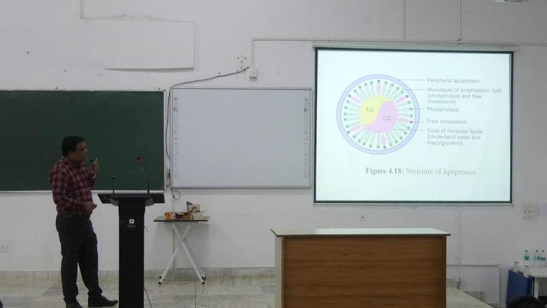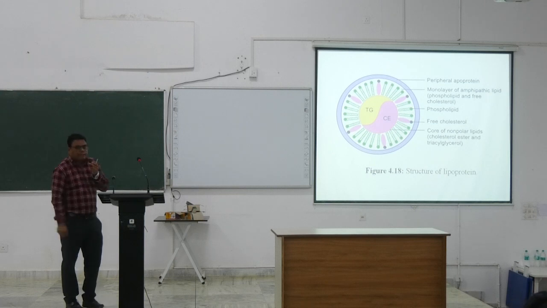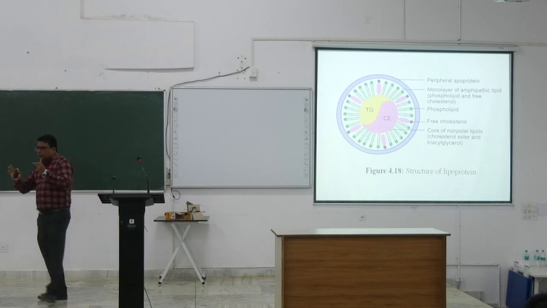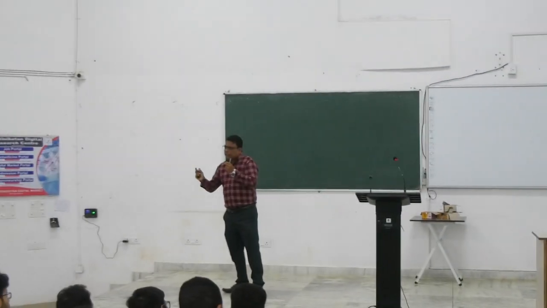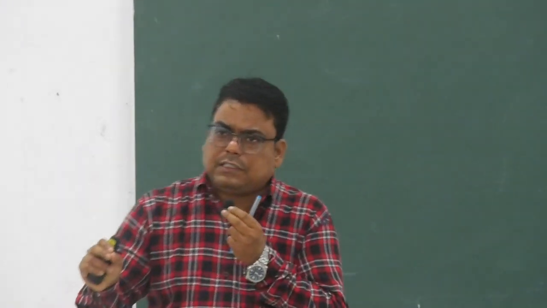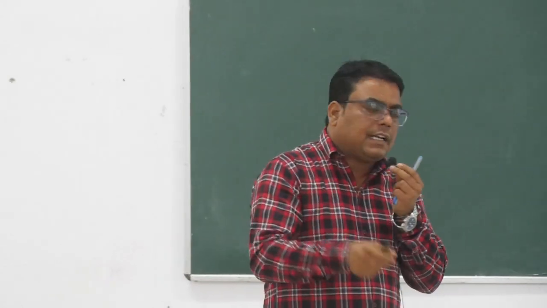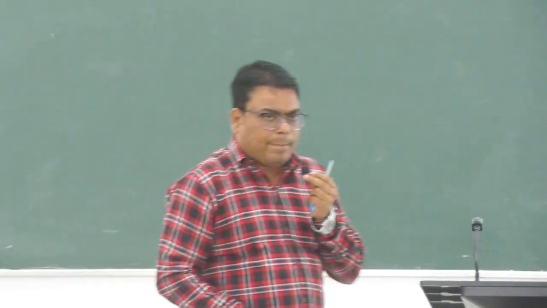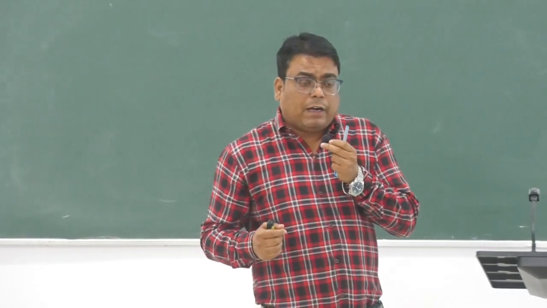It is surrounded by a layer called peripheral apoprotein. So up to this point you understand that the lipoprotein structure contains cholesterol ester, triglyceride, phospholipid, and free cholesterol.